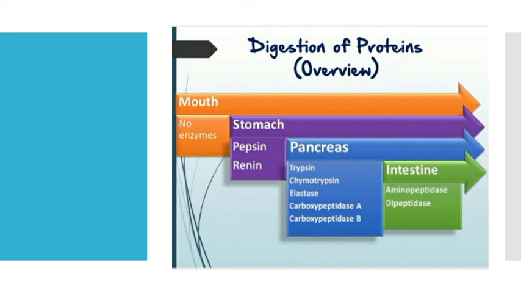In the stomach, pepsin and renin are present. In the case of the pancreas, trypsin, chymotrypsin, elastase, carboxypeptidase B, and in the intestine, aminopeptidase and dipeptidase.